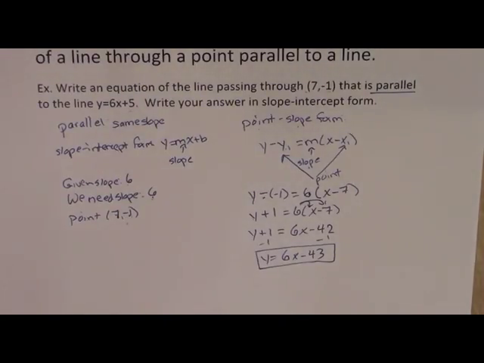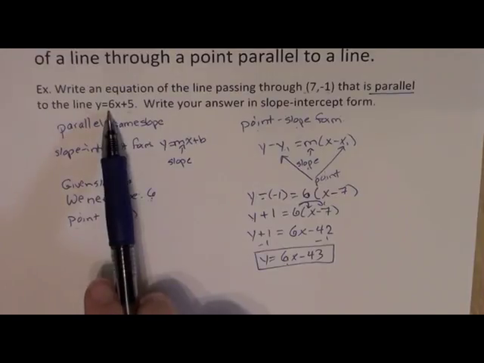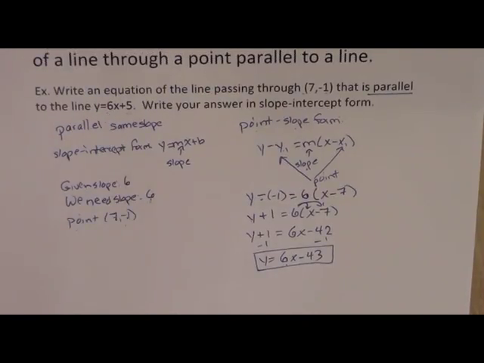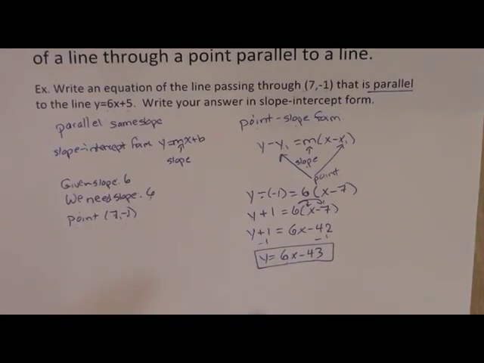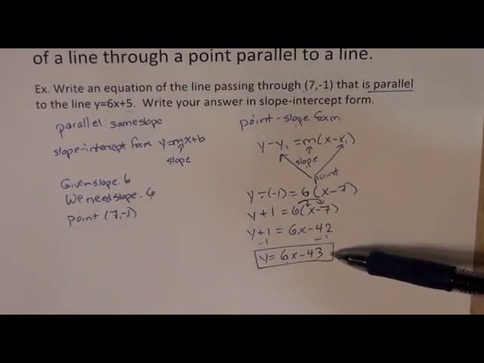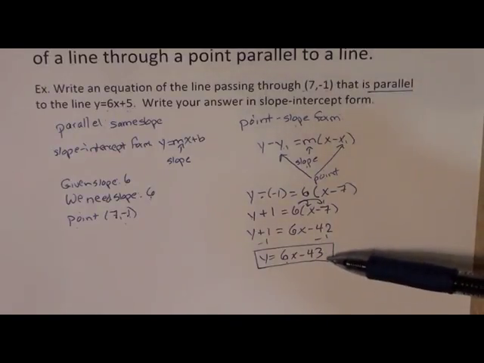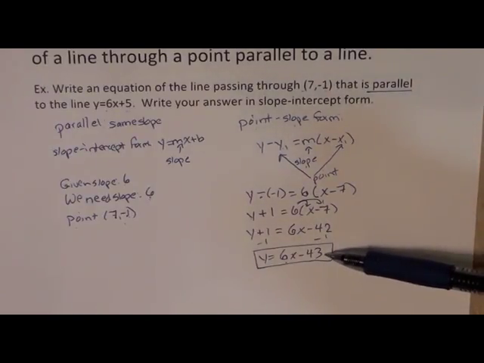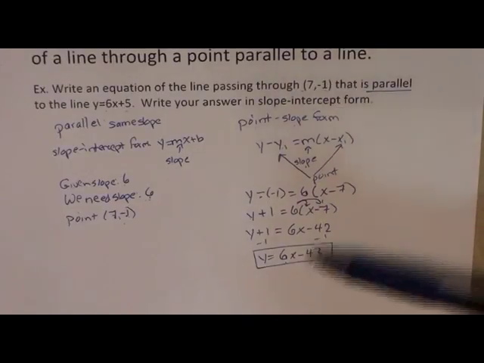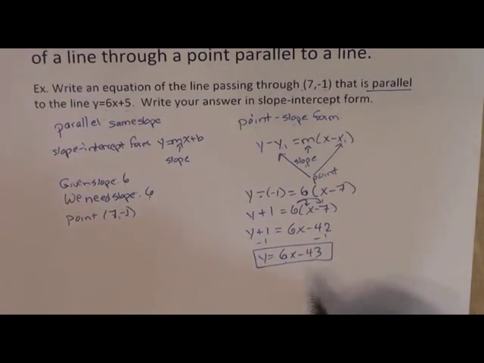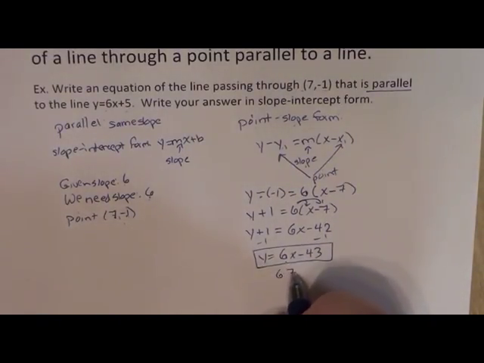Now let's just check. Does our new line have the same slope as the original equation? Yes, this has a slope of 6, and so does this one. So these lines are in fact parallel. The only other thing we need to check is to make sure that (7, -1) is actually part of this line. So we take 7 and plug it in for x. 6 times 7 minus 43.